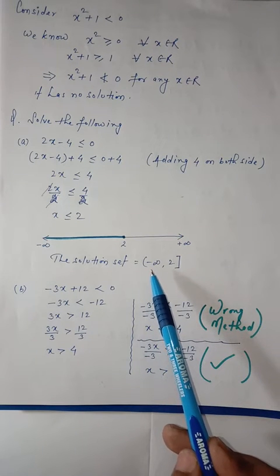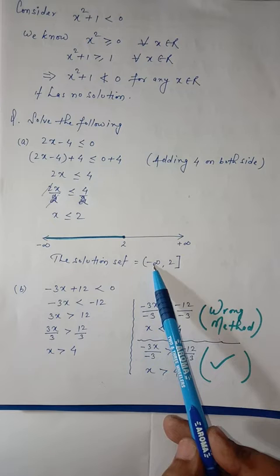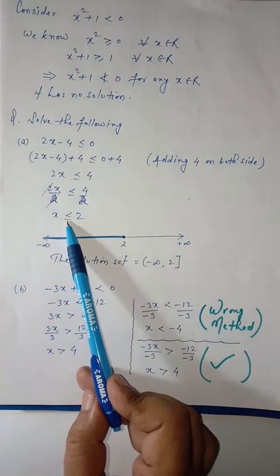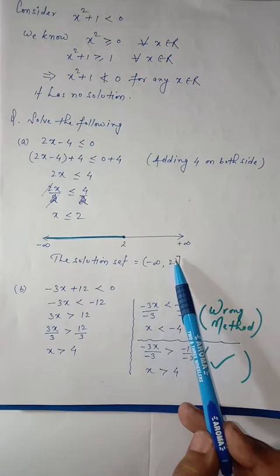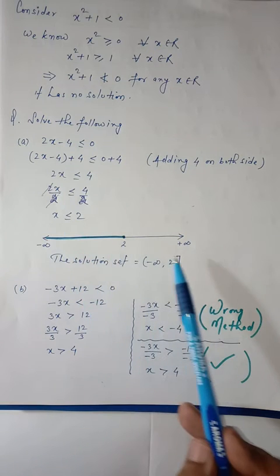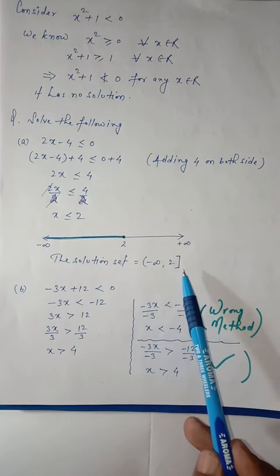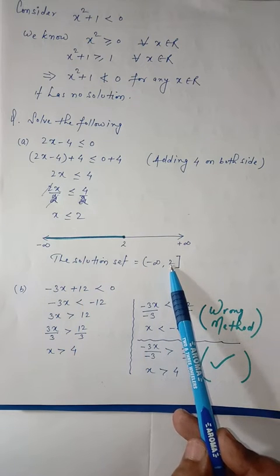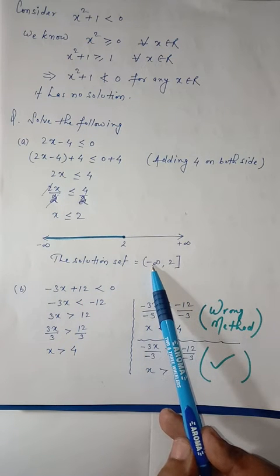One thing you must remember, whether it is plus infinity or minus infinity, this will always be a small bracket. Whereas here equality is present, so we will apply a square bracket. If equality is not present, we will apply a small bracket. So it means x is equal to 2 and less than, until minus infinity.